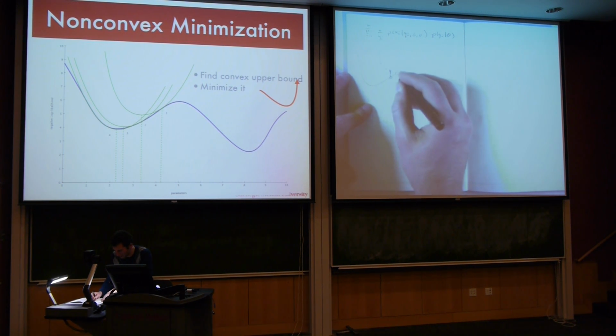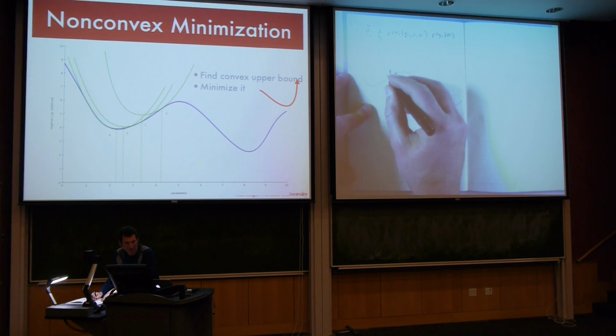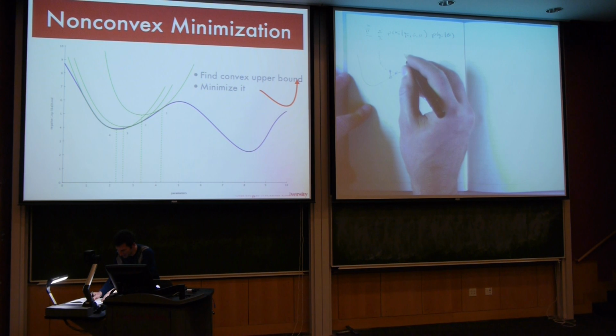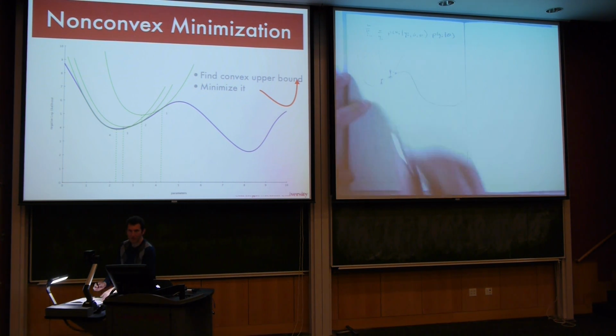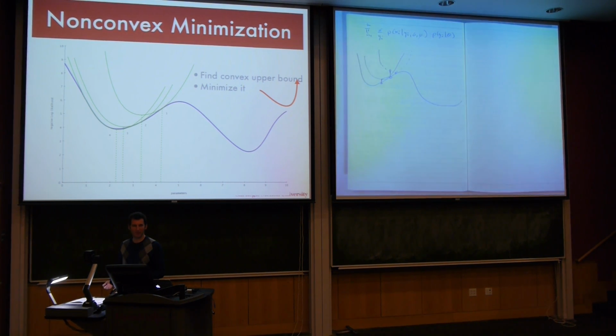Okay, maybe didn't draw it very well, but suppose this were smaller than that. So I descend when I minimize the convex upper bound, and then I descend yet again when I evaluate the function. Now at this new place, I compute another convex upper bound, I descend, and then I descend again. So in both steps, in the minimization step and in the approximation step, I make progress.